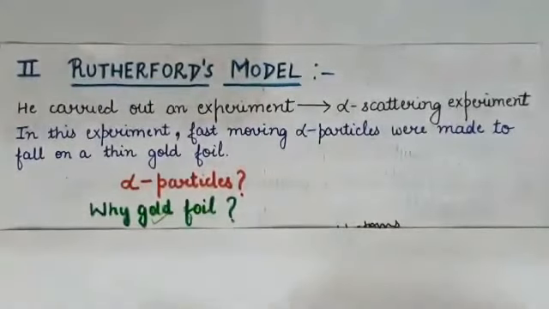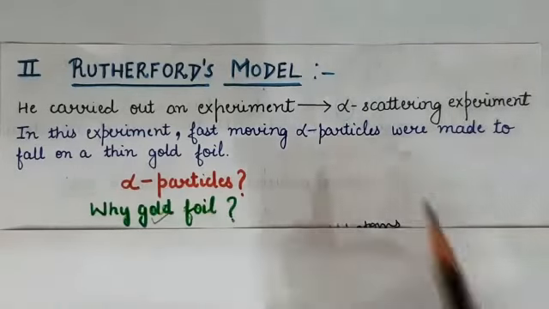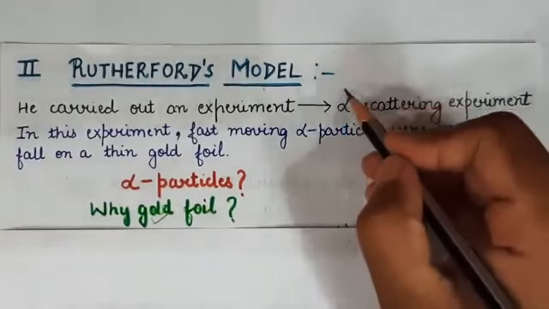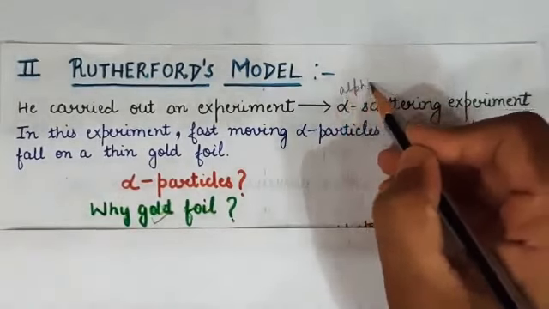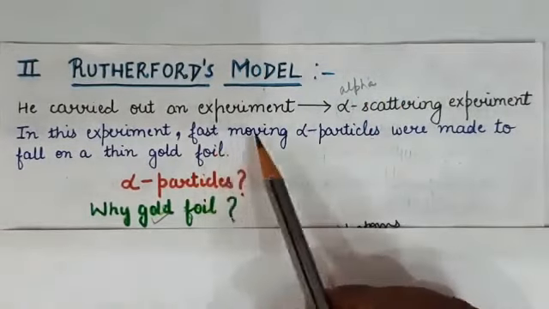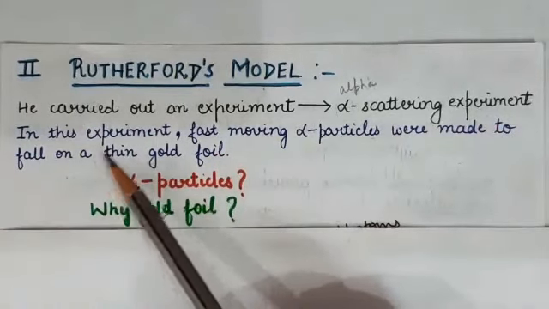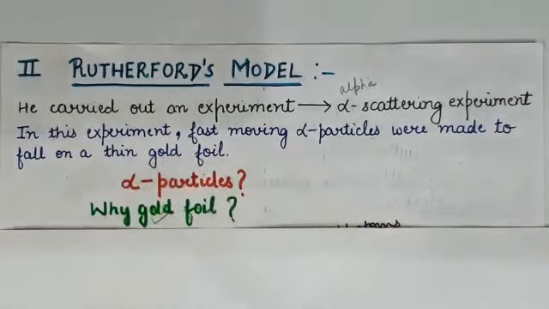After Thomson, Rutherford came. He gave his own model, that was Rutherford's model. And he carried out an experiment which was called the alpha scattering experiment. So, what happened in that experiment? The fast moving alpha particles were made to fall on a thin gold foil.